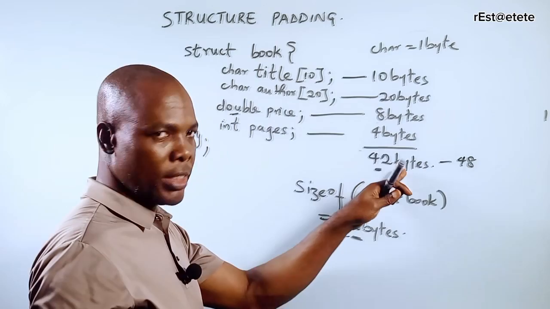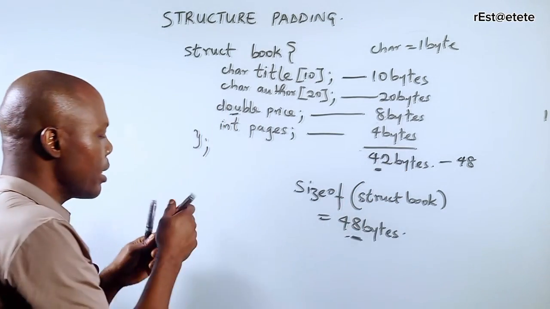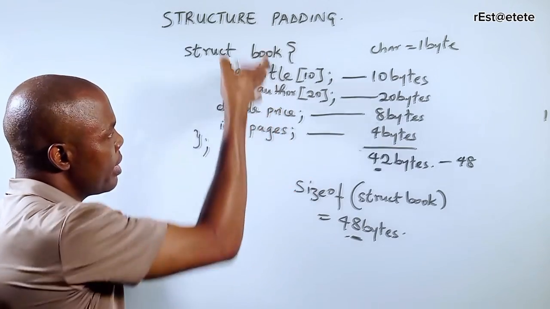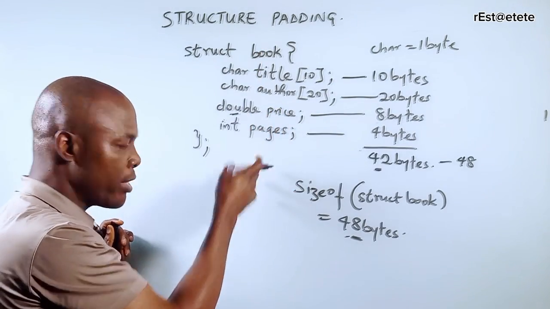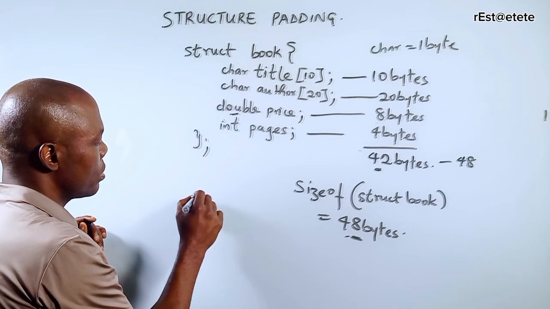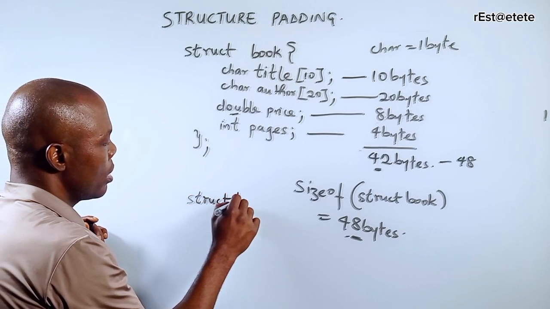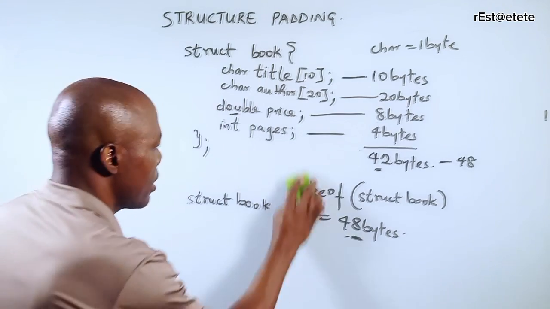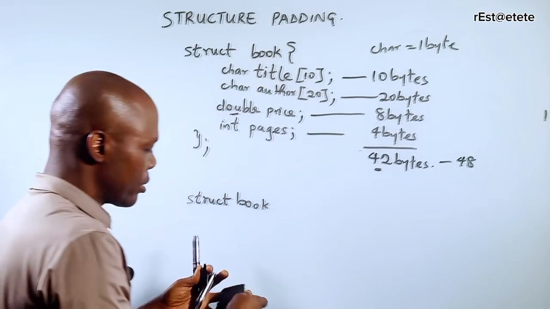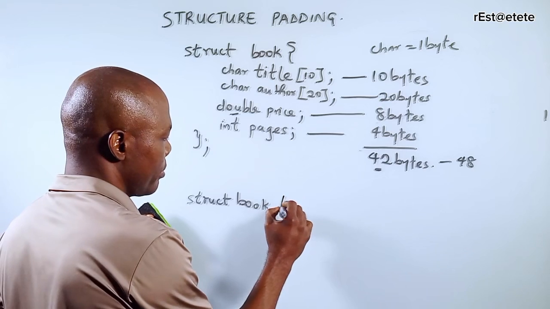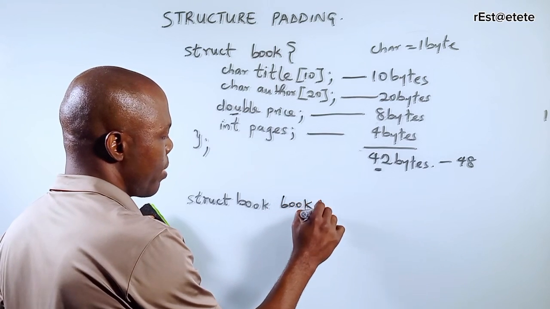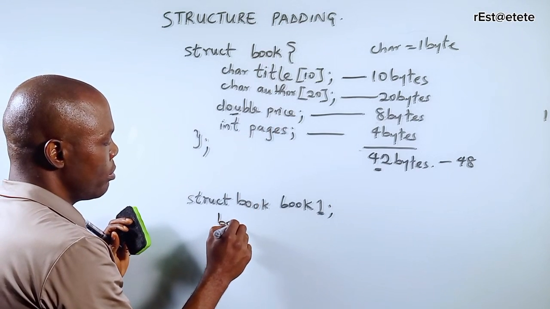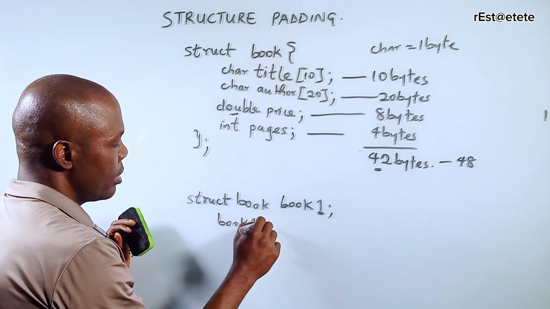So how is this going to happen? To access this price, for example, let's say I create a variable for this struct. I will say struct book, and let's call that variable book1. If I want to access price, it will be what? book1.price.